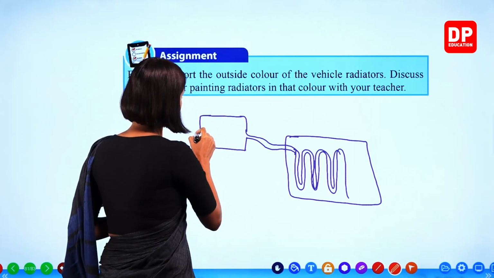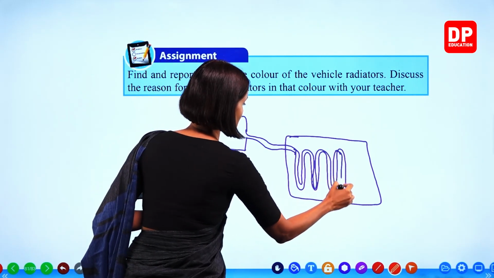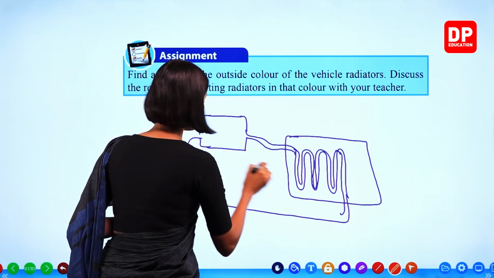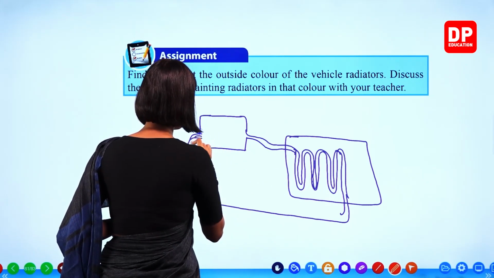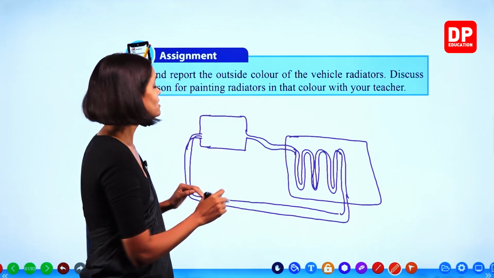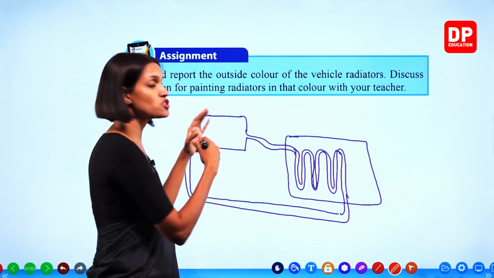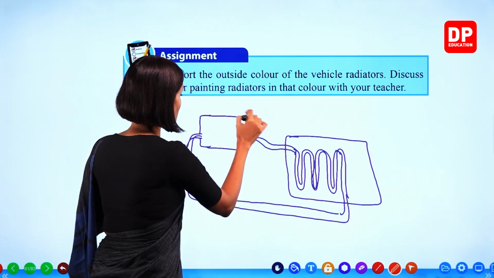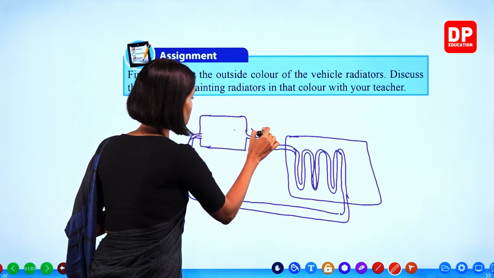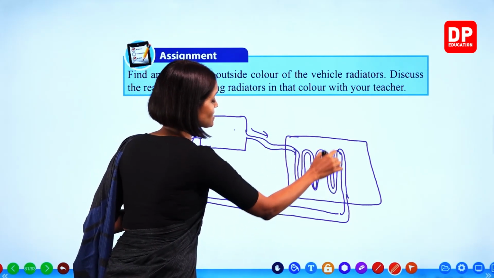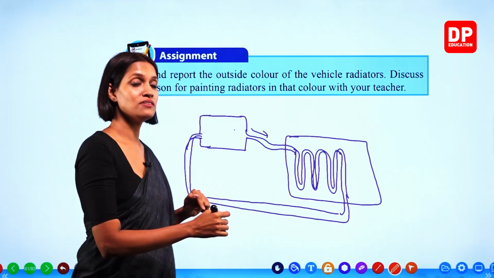From the other side, these passages are connected to the other side of the radiator, right? So this coolant always circulates. This radiator releases this coolant from one side. So when this coolant goes through this engine, right?